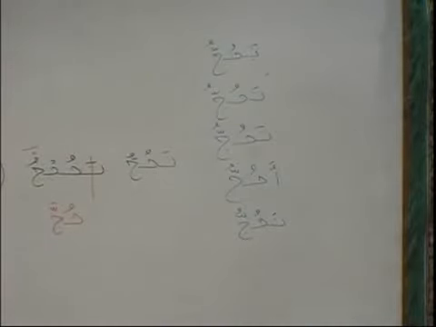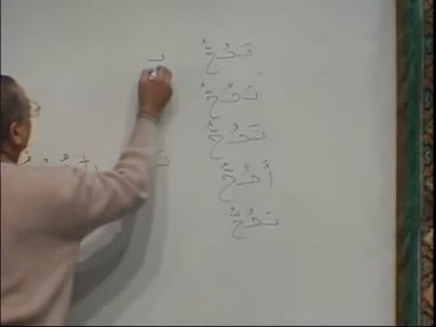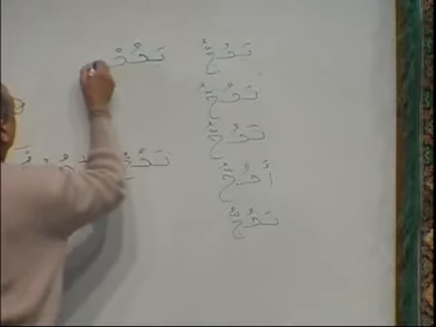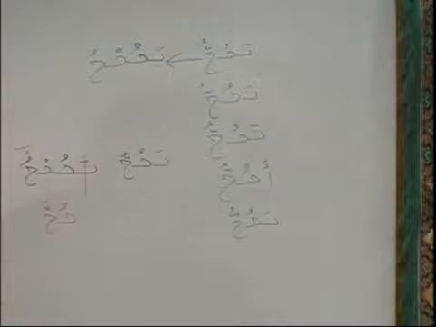How will you make it majzoom? How will you make it majzoom? What is yahujju, brothers and sisters? Which is this, this is what it is. Sahi? What is the original?